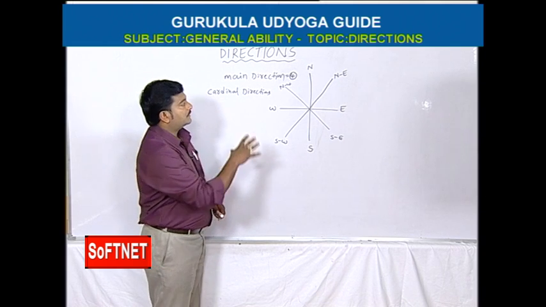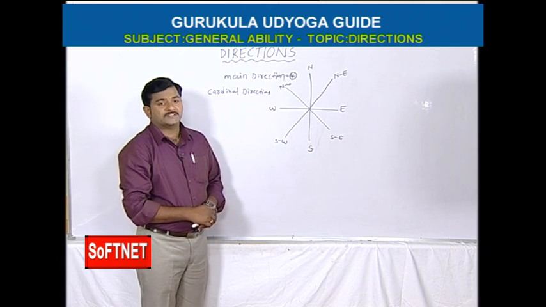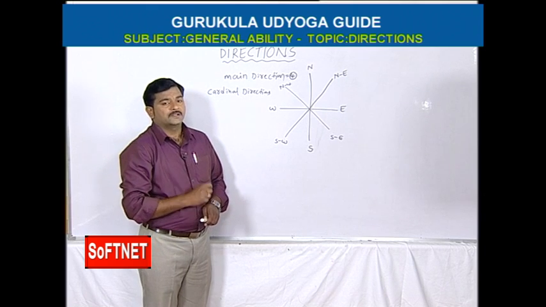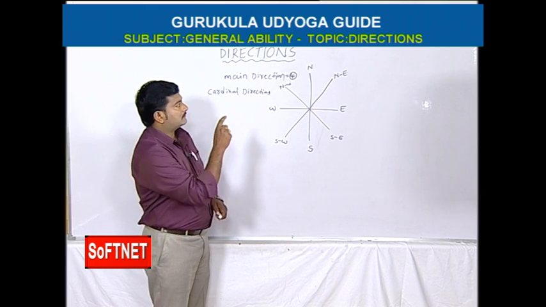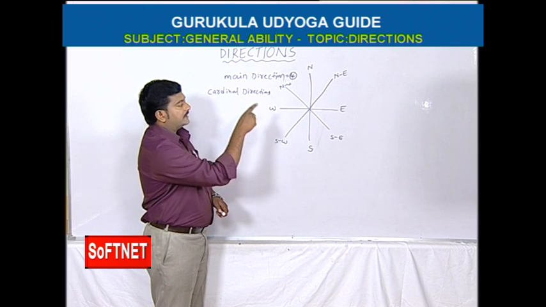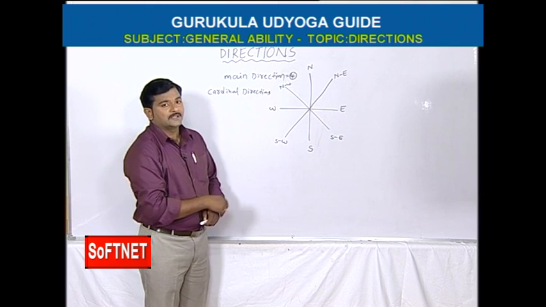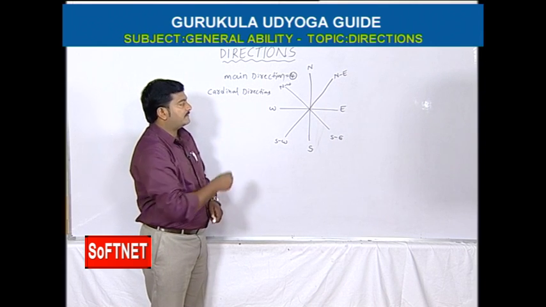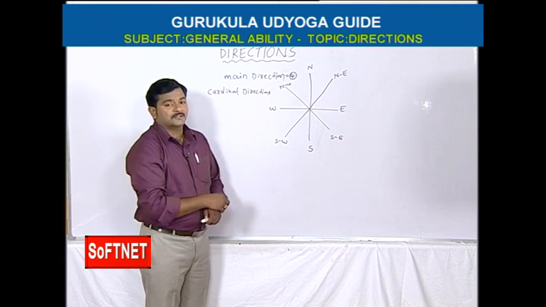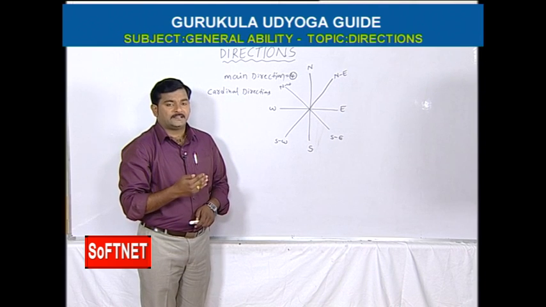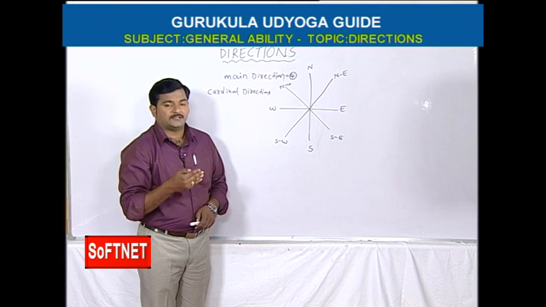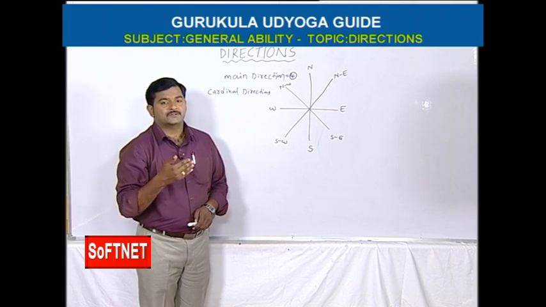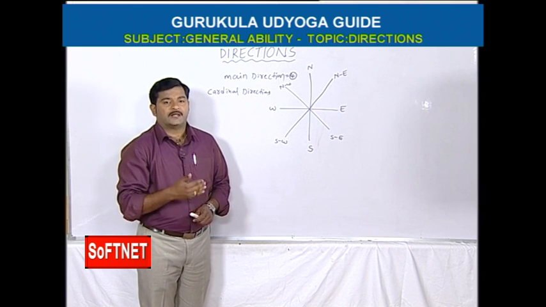You need to have a main idea about these directions. One more thing: just observe the main directions, north and east, similarly east and south, similarly south and west, and west and north. The angle between any two consecutive main directions is always equal to 90 degrees.